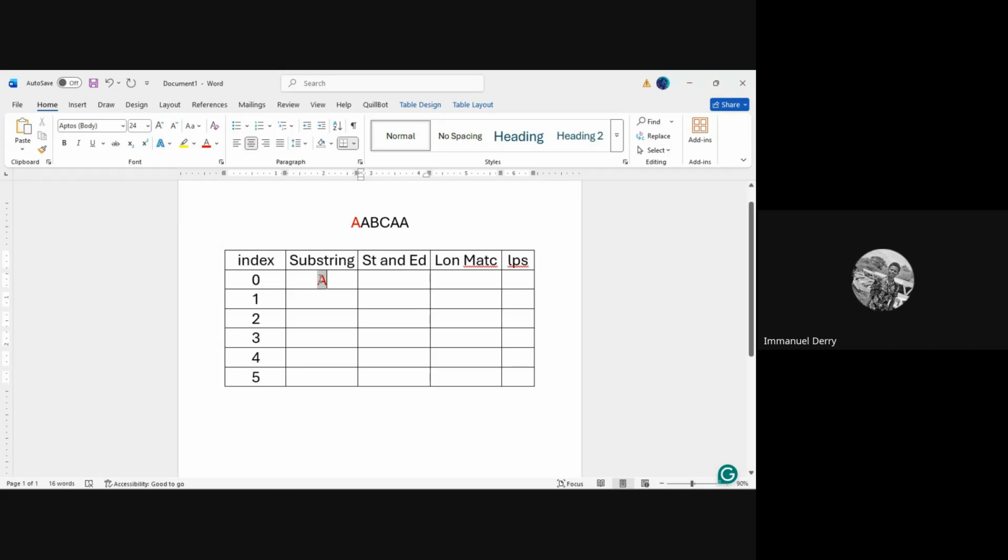For this substring from here, where is the start? Where is the end? There is a start, which is this, but then there's no end. So we cannot compare. So no comparison. So which one is the longest match?